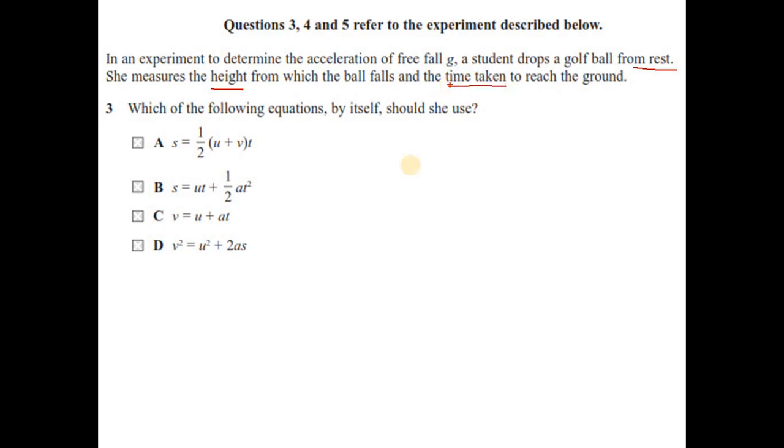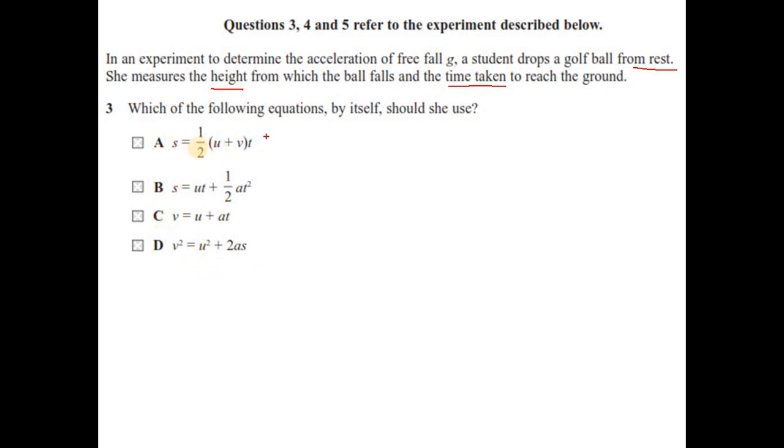Which of the following equations by itself should she use? If you see the given options, these are equations of motion, and you need to find a single equation that can be used directly.